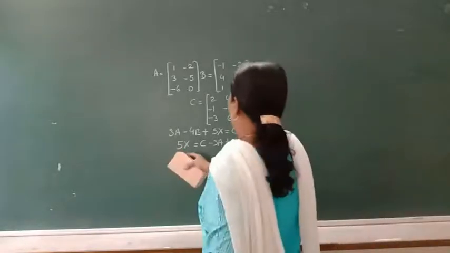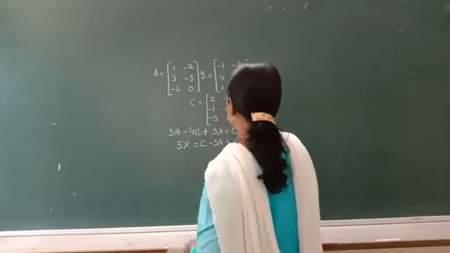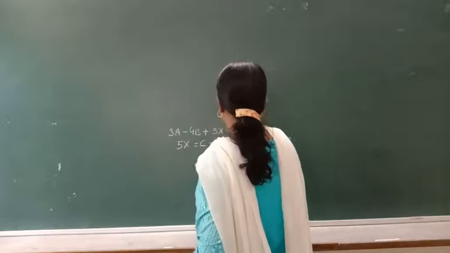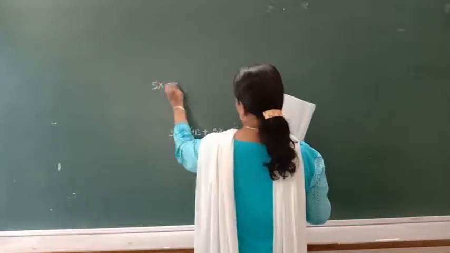Now 5X will be equal to C, C means this, -3A.